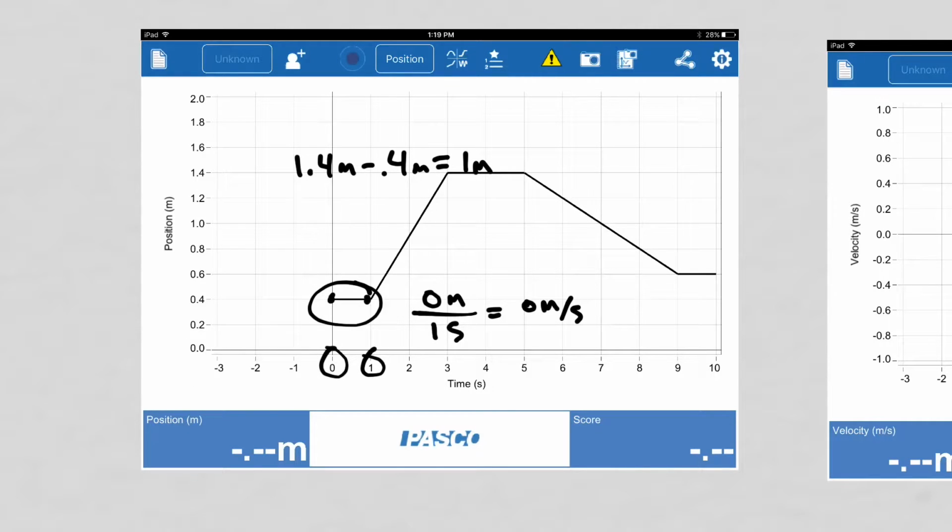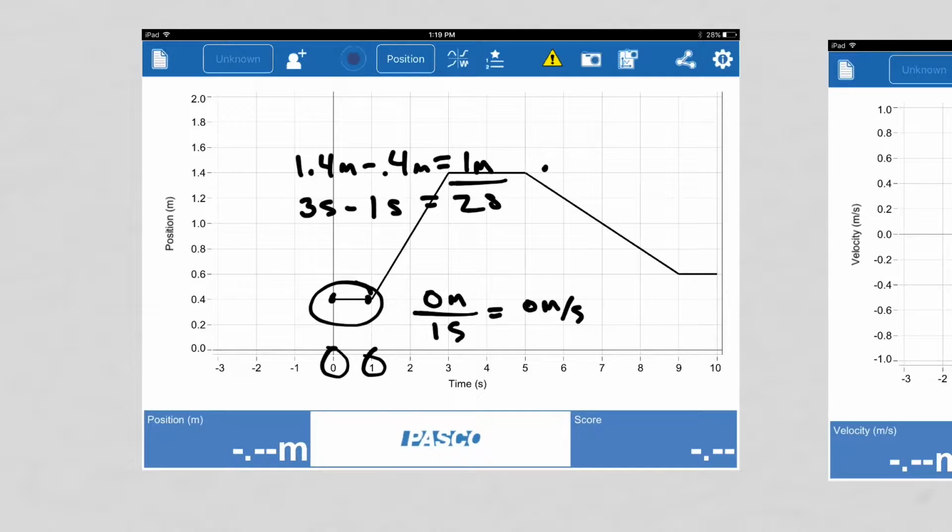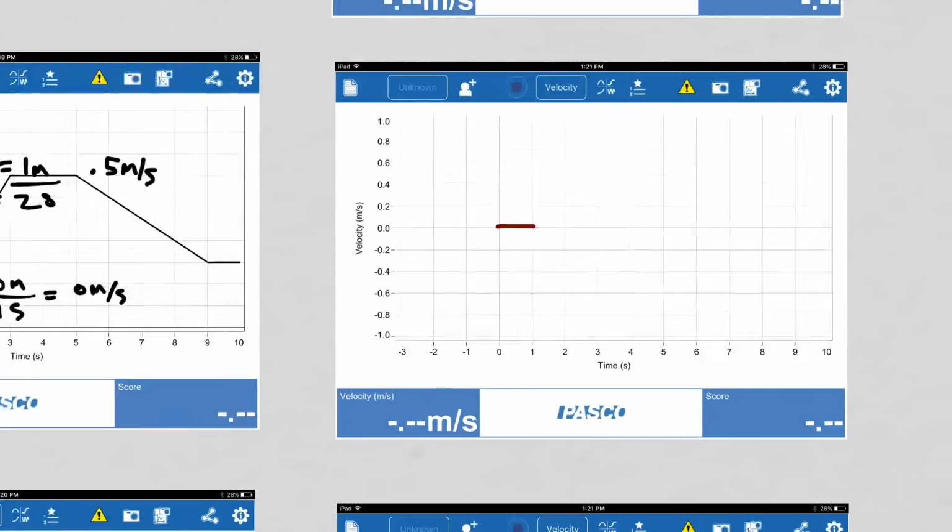Well, we go from 1 to 2, which is 1, and 2 to 3, which is 2 seconds total. You can also say you end at 3 seconds, and you start at 1 second, so 2 seconds. So 1 meter divided by 2 seconds is 0.5 meters per second. So between 1 and 3 seconds, I'm traveling at 0.5 meters per second.